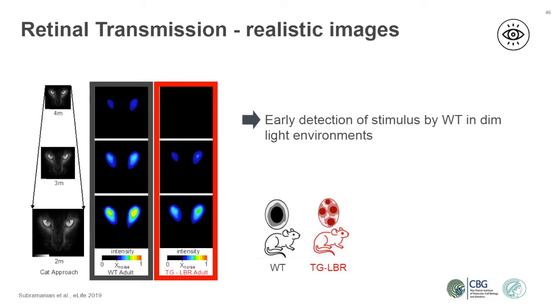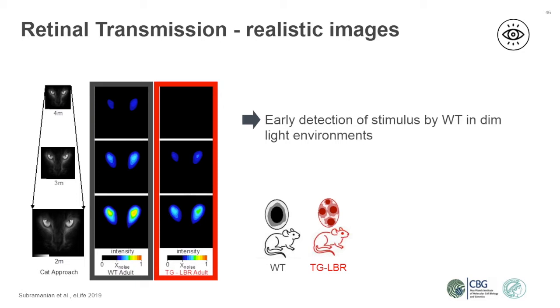What does this tell about a mouse's behavior in the wild? As a simple example, if a mouse is approached by a cat at night, the low contrast image of the predator on the mouse's retina would be perceived earlier and better by the wild-type mouse, as you see on the left with a gray bar, compared to the LBR mouse without the nuclear inversion.